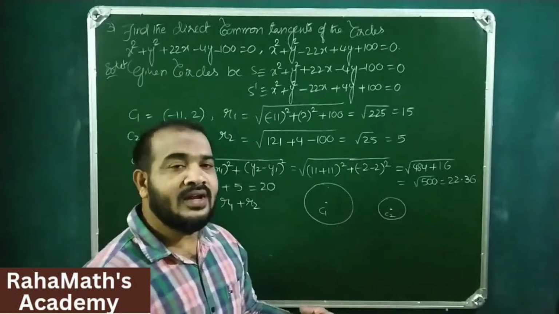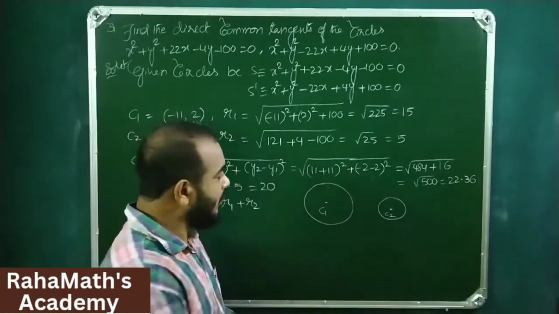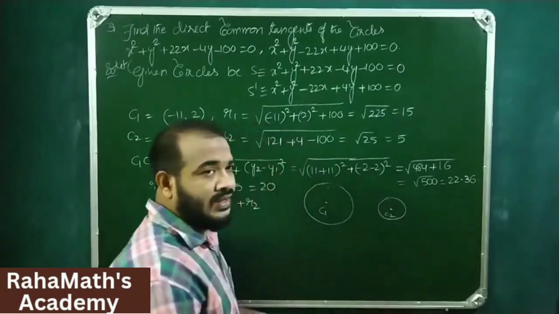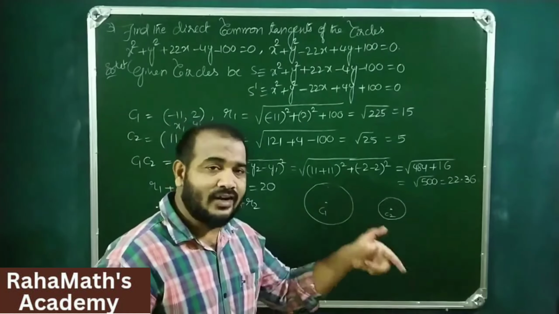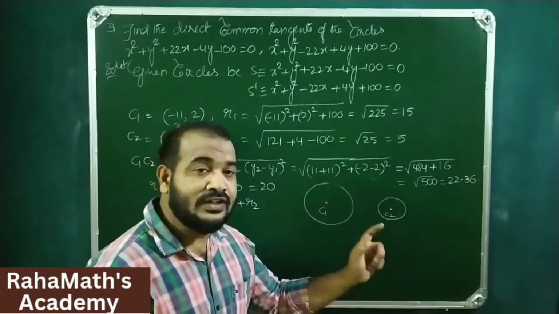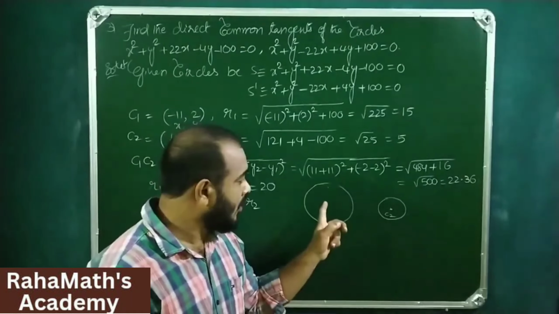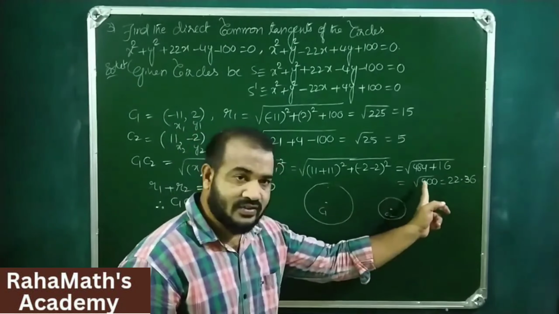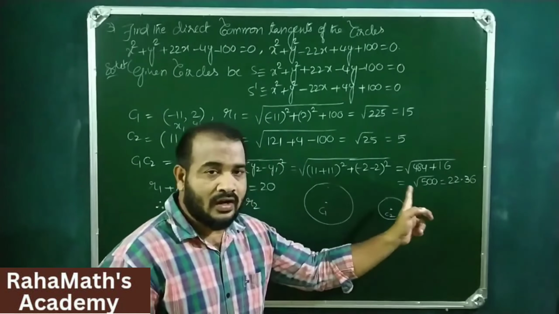Therefore, how many common tangents are possible? This is one common tangent. This is another common tangent. These two common tangents are said to be direct common tangents, which we have to find. The transverse common tangents are this as well as this, which we are not required to find.